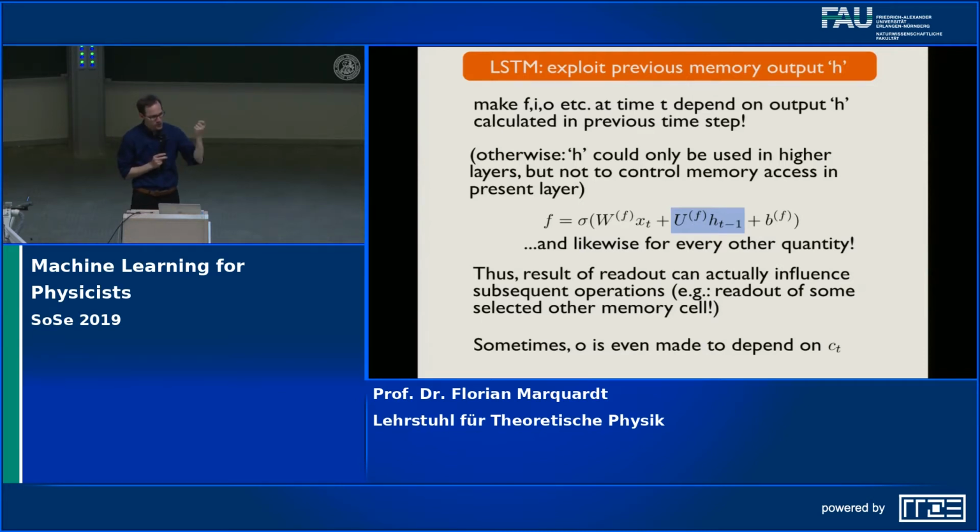And this would not work so easily if you didn't have this extra step. So now, instead of what I showed, which was kind of the simplified version, I will say that my forget gate not only depends on the input that comes from the outside, but also it depends on whatever we read out of the memory cell in the previous time step. Okay.